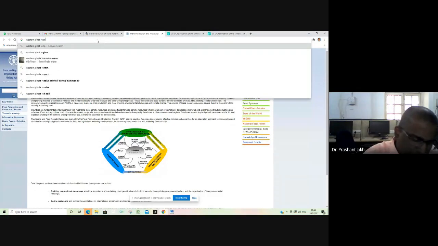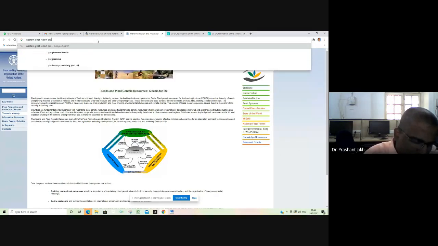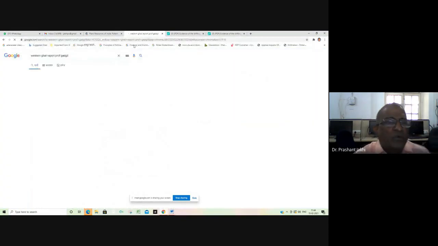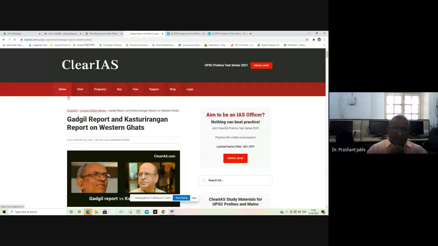So the Western Ghat report, which was submitted by Professor Gadgil, let us go through it. I am going through this Gadgil report and Kasturi Rangan report, which are related to our Western Ghat. I think many of you might know Western Ghat, which is one of the important abodes of a large number of animals as well as plants, and Western Ghat is considered a World Heritage.